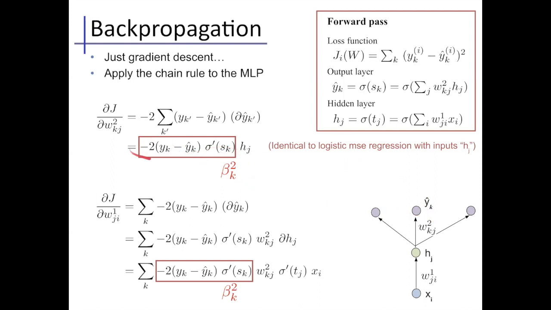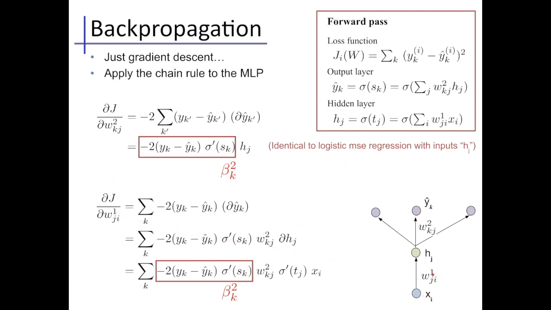For instance, I define this error signal associated with this K unit in the last layer of the network. And then what I can do next, based on these error signals, is calculate the gradient with respect to the second set of parameters.